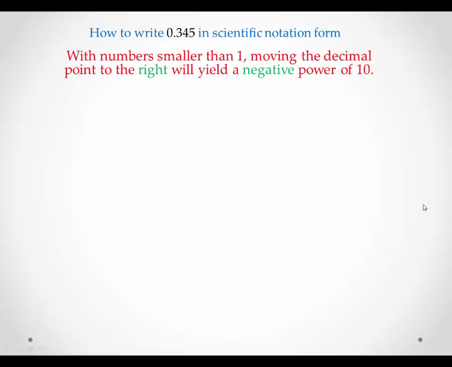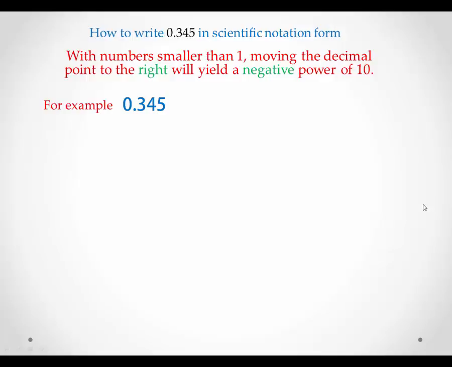How to write 0.345 in scientific notation form? Please note that with numbers smaller than 1, moving the decimal point to the right will yield a negative power of 10. Let's look at an example. This example is similar to the one we just did, but in this case we're going to use a number that is smaller than 1. It is 0.345. This number already shows the decimal place.